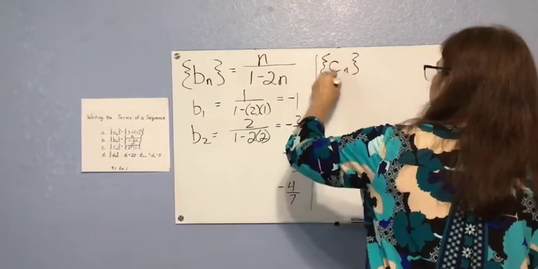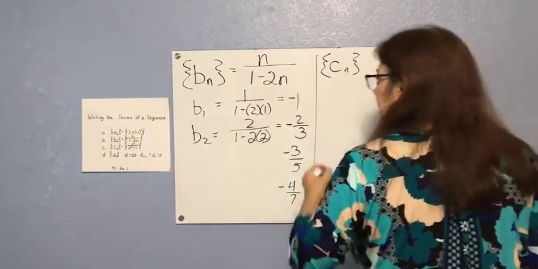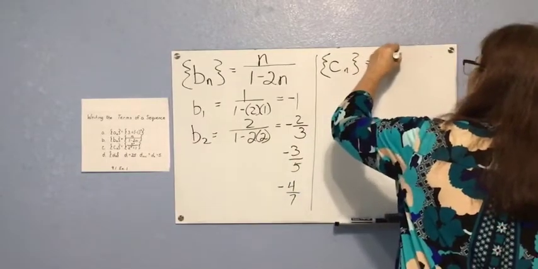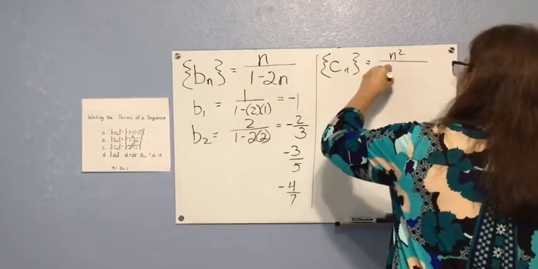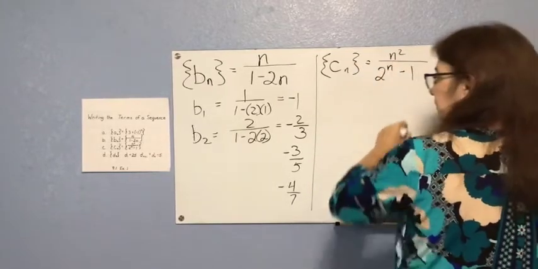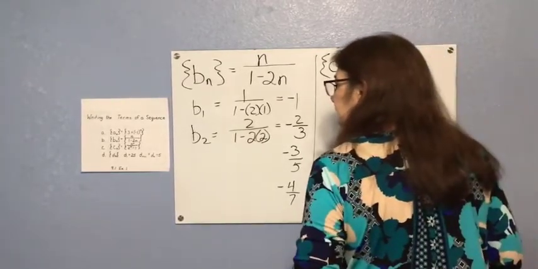Okay, another sequence, c of n is n squared over 2 to the n power minus 1.